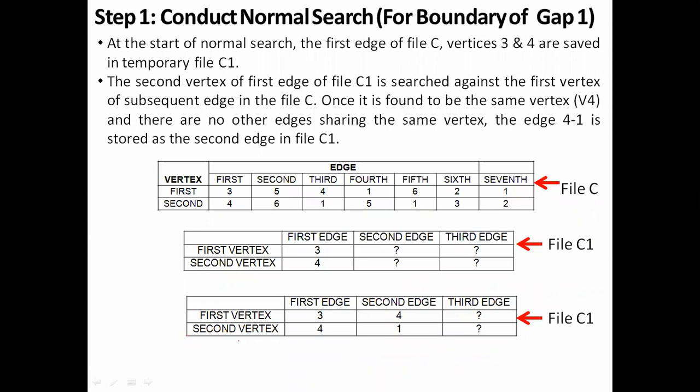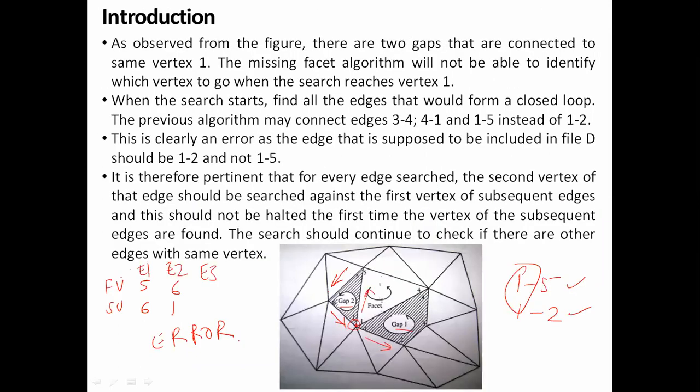So how will that information be used? First of all, we are going to check for all the missing edges. Now here you have to remember one basic rule: if you have a coincidental vertex problem, you will never start the first edge from that vertex.